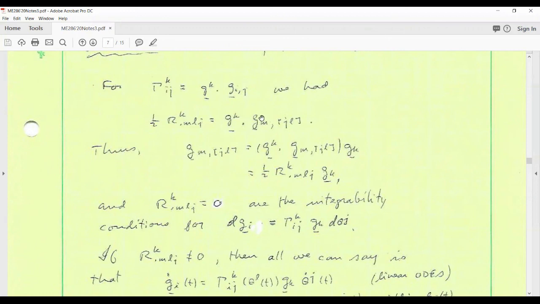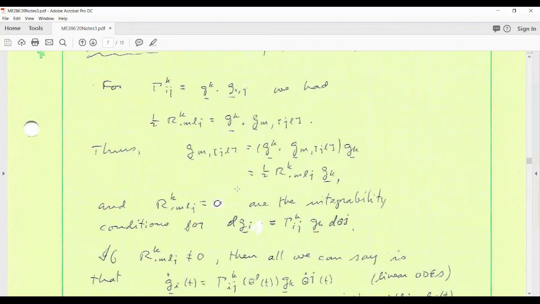We can observe that these are simply the projections of these vectors here, g_m comma jl, box jl, into the dual basis. Those define the vector itself for each fixed m, j and l. We project it into the dual basis multiplied by the natural basis, sum on k, and we just get the Riemann tensor with a half in front.